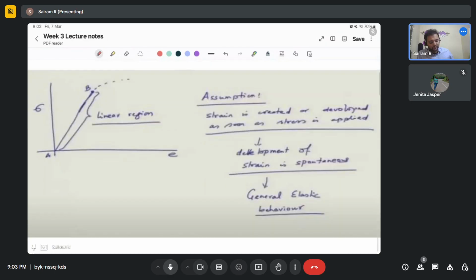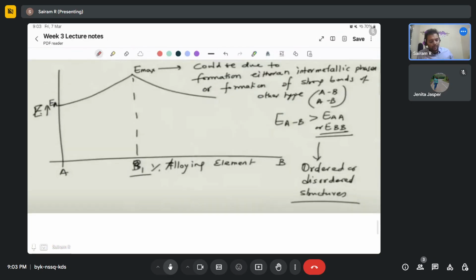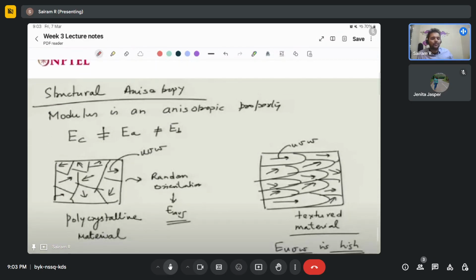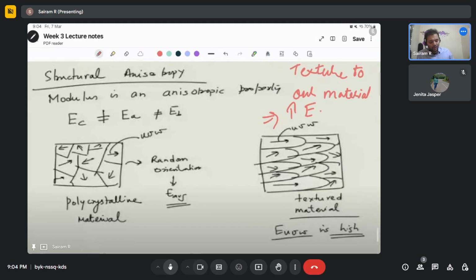And when we try to incorporate some sort of anisotropy in the structure, or rather than saying anisotropy, if we add some texture to our material, that is going to give an improvement in my Young's modulus.